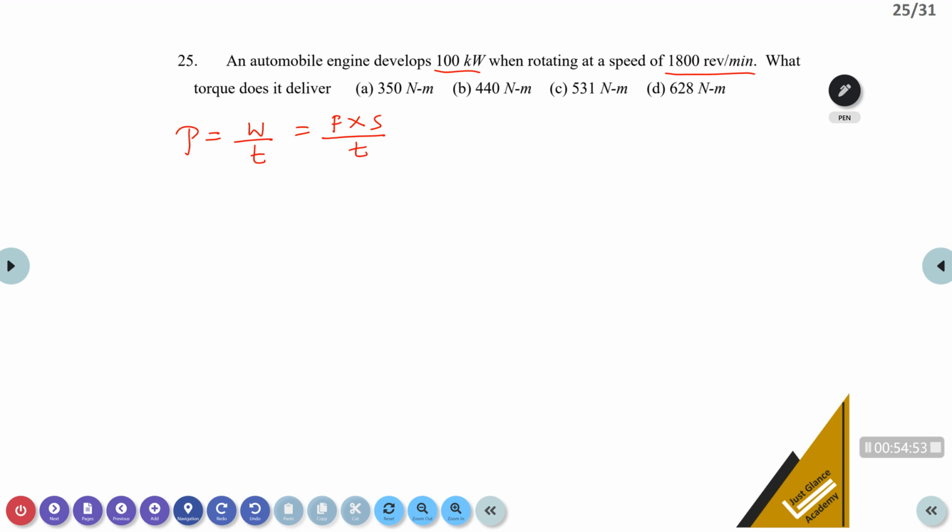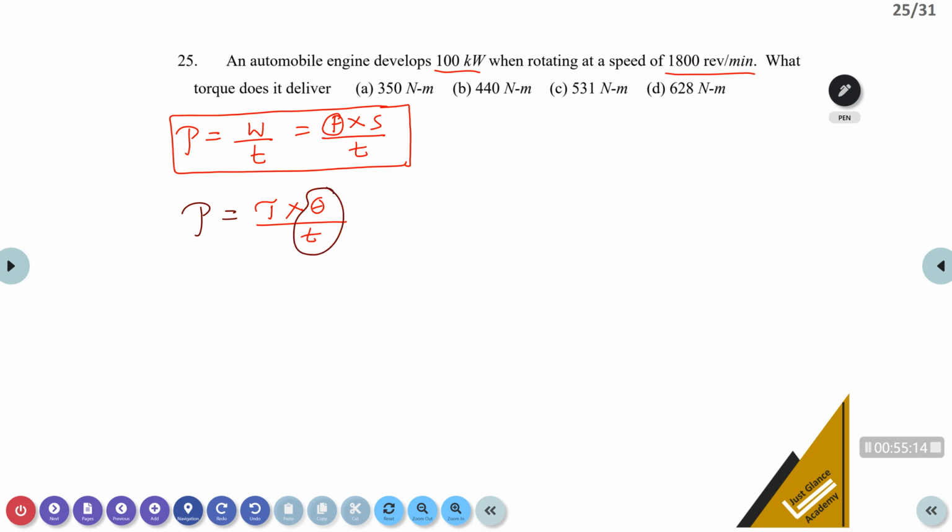But here it is rotational motion, where power equals torque, the equivalent of F, into theta, the equivalent of S, divided by t.